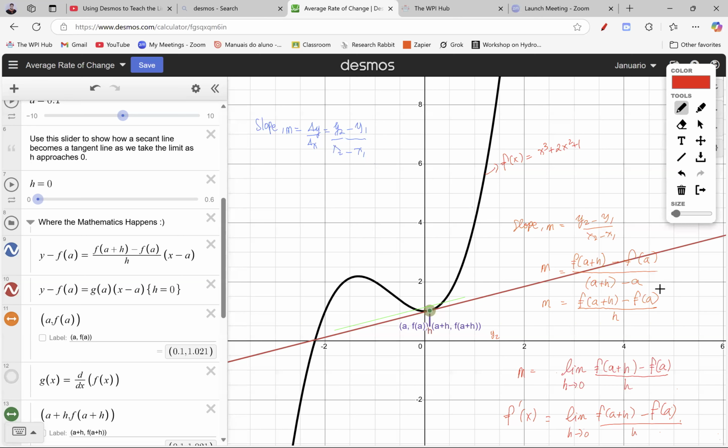So this is technically the definition of a derivative. Okay, so this is the definition of derivative. Follow? Yes, teacher. Okay. So you started from here.